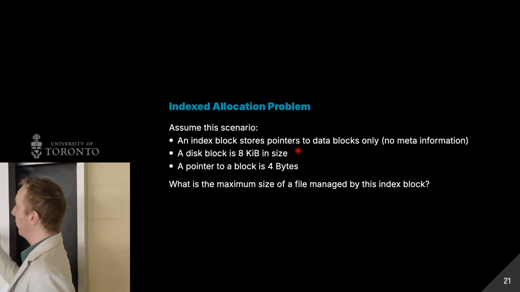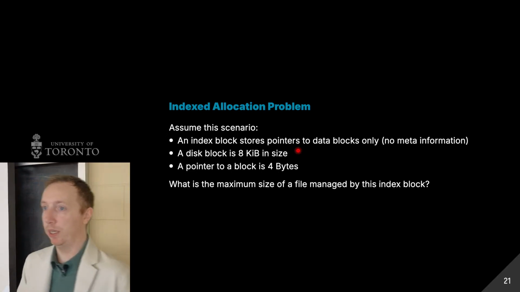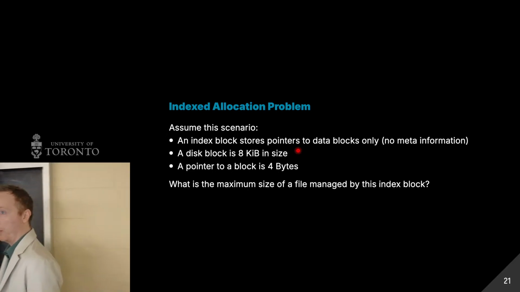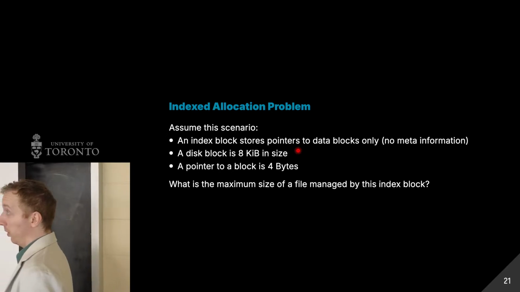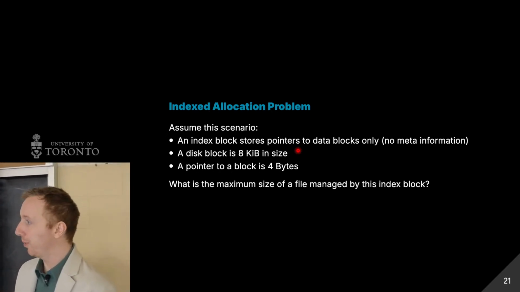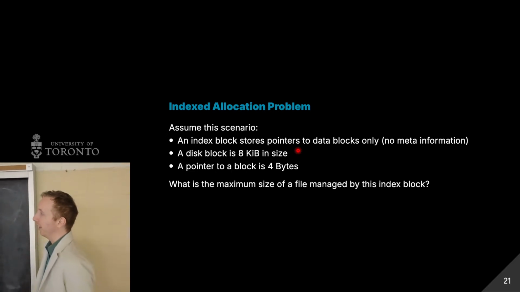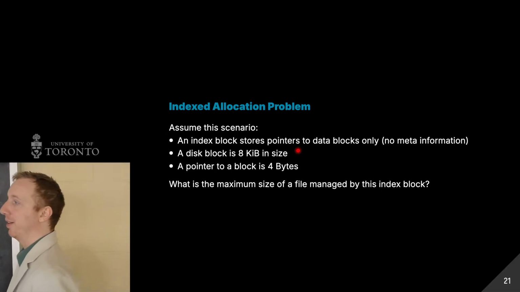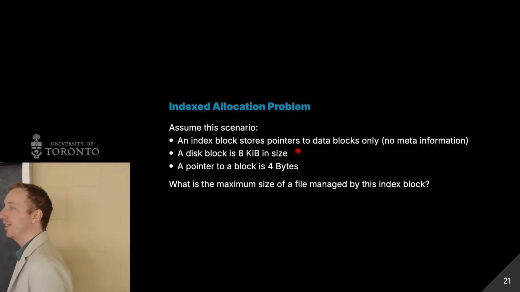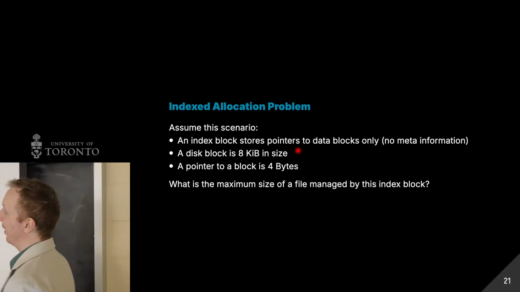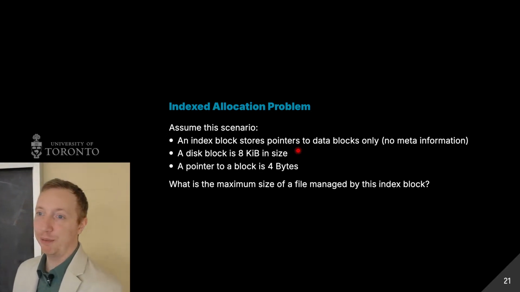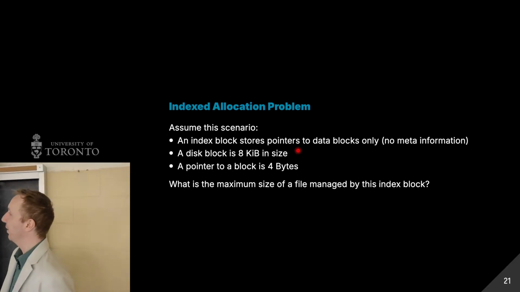So the maximum size of that file would be 2 to the 11 times the block size, 2 to the 13, which is 2 to the 24. What is that in terms of megabytes? 16 megabytes. So that kind of sounds crappy. Would you like a file system where the maximum size of your file is 16 megabytes?